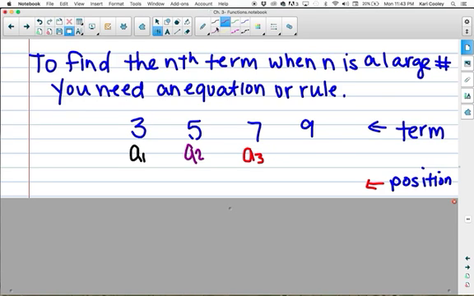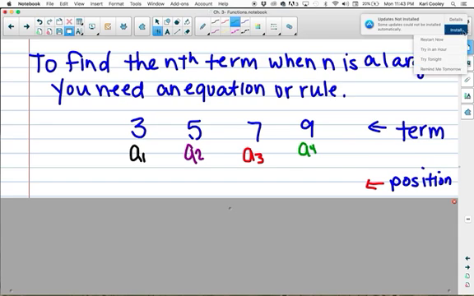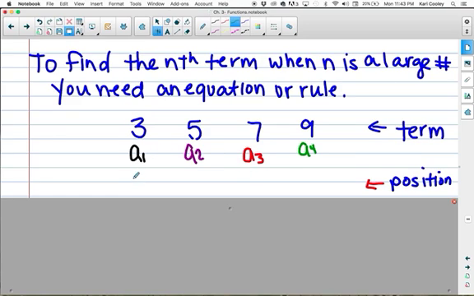And this number 9 is my 4th term, so it is my A4.